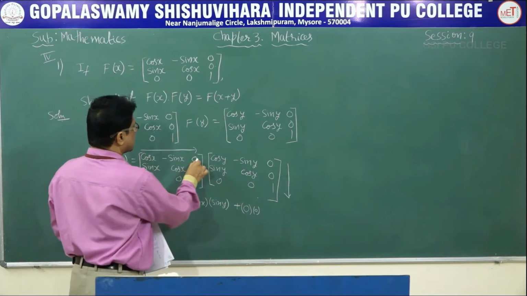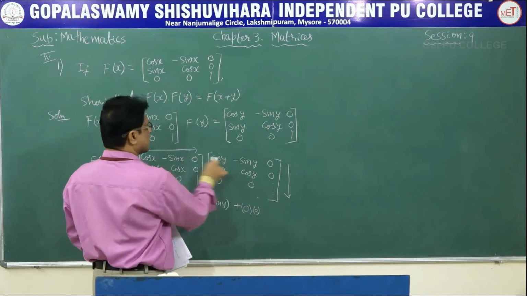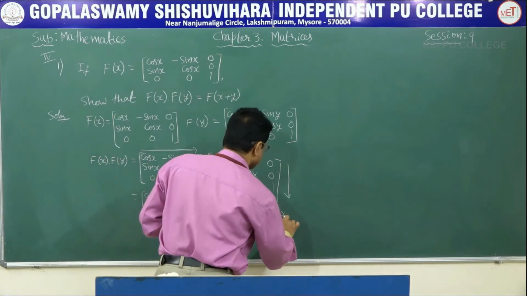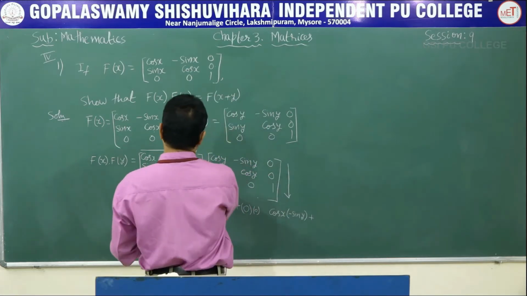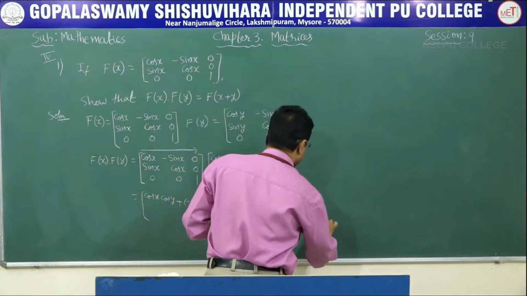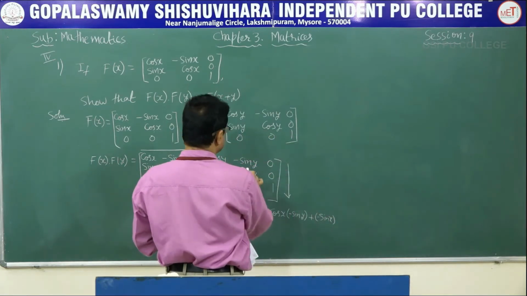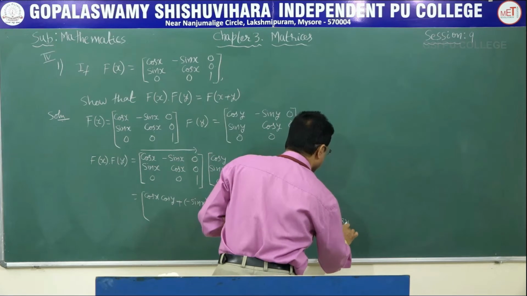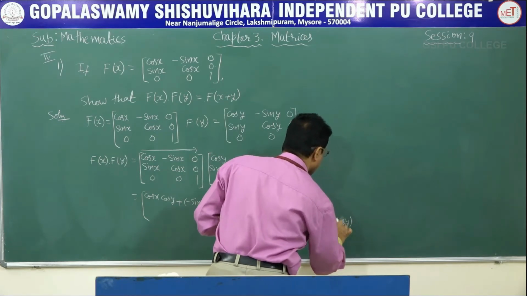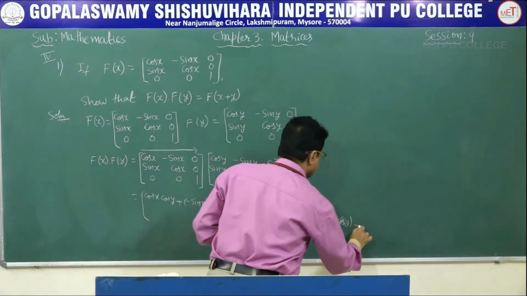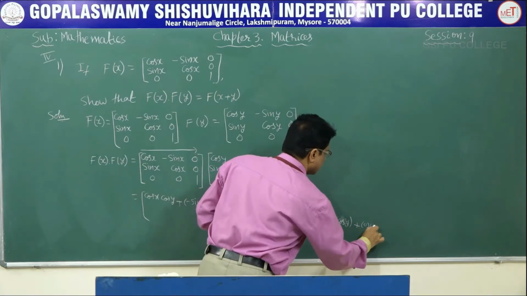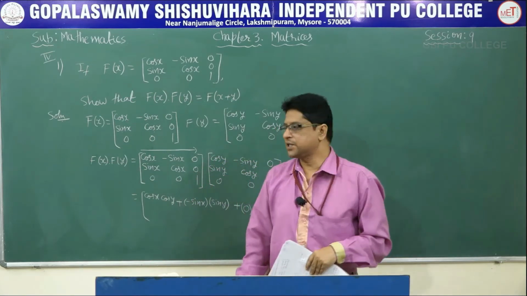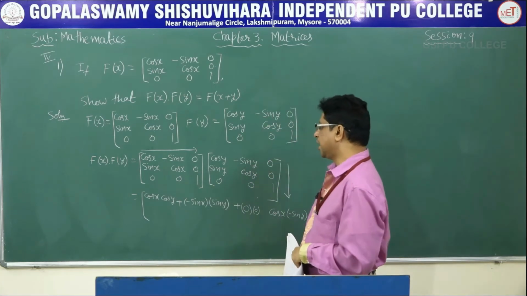Next is first row into second column, that is cos x into minus sin y plus minus sin x into cos y plus 0 into 0. So that is the first row into second column.